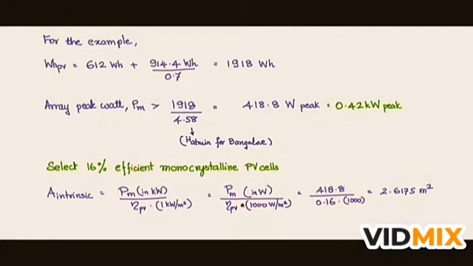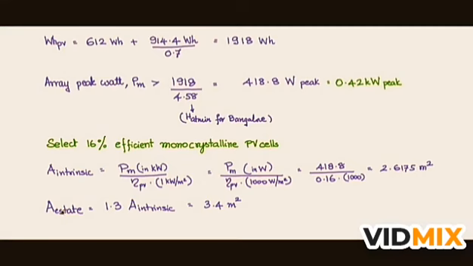So accordingly use the units. So if you are using 418.8 watt peak as the peak watt, divided by efficiency 0.16 into 1000 watt per meter square, you will land up with 2.6175 meter square as the intrinsic array area.